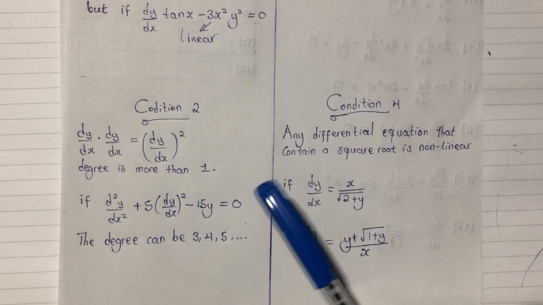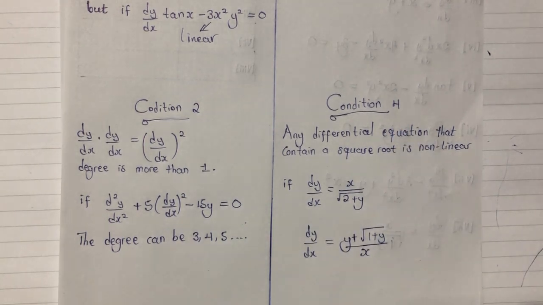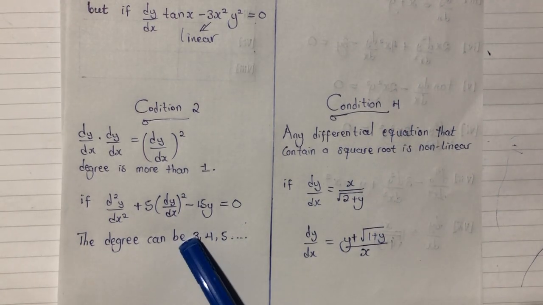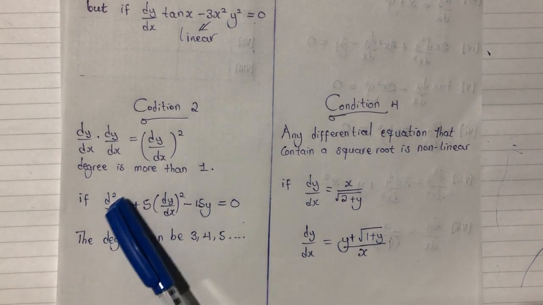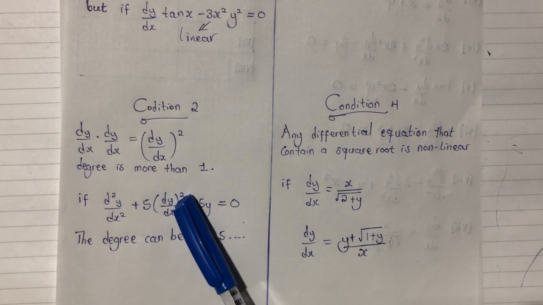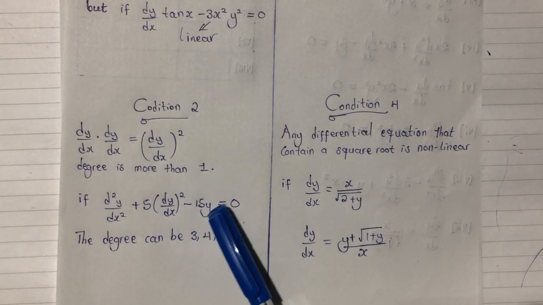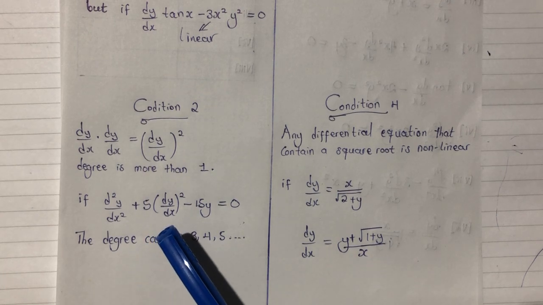The power can be more than 2, it can be 3, it can be 4, and above, as I have written here. So let's take this example. I have d square y over dx squared plus 5 dy dx all squared minus 15y equal to 0. Now I want to check if this is linear or not.